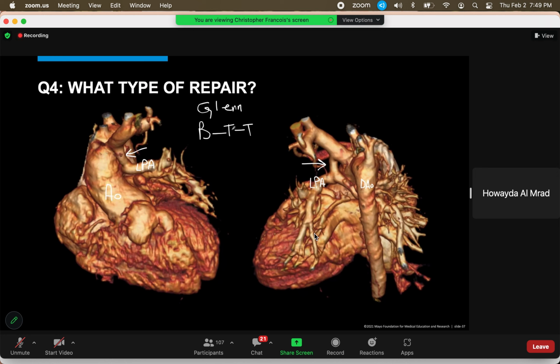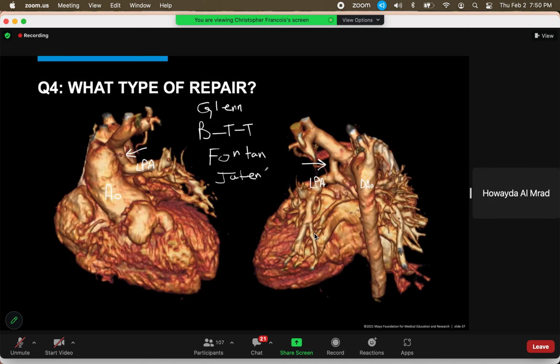It used to be called just Blaylock-Taussig, but we now call it the Blaylock-Taussig Thomas shunt in recognition of Dr. Thomas, who was very instrumental in making this shunt happen. And we have a Fontan as another option. Or how about a Jatine?